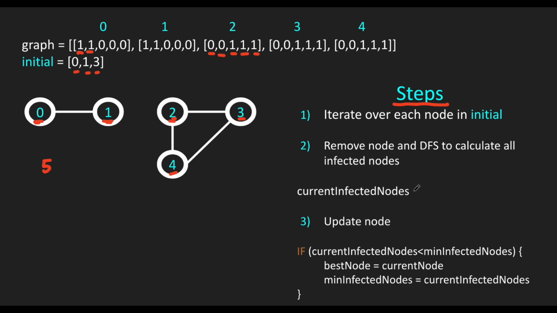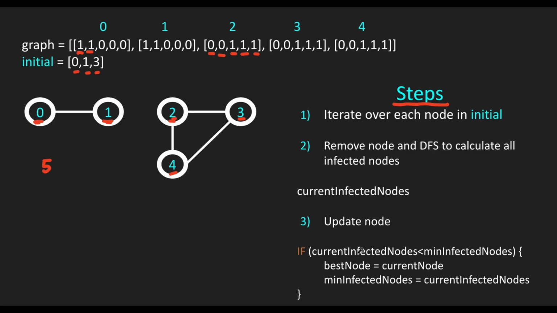That's the second step. First we go over our array and remove the node. The first node that we are removing is 0, and we are DFS searching to calculate all infected nodes. All infected nodes in our case is 5. And then we are comparing that.